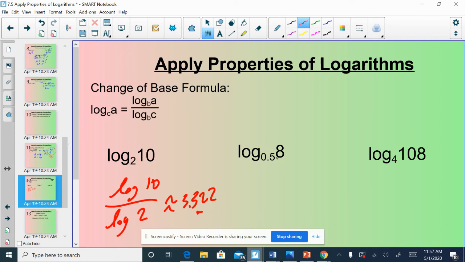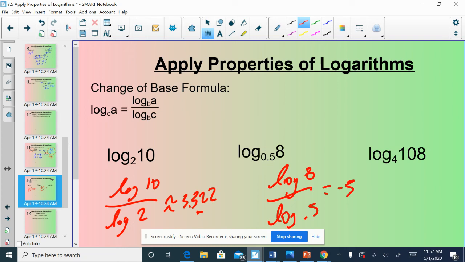Once again, log of the full size number, log of 8 divided by log of 0.5. What this is saying is 0.5 to what power is 8? Log 8, close parentheses, divided by log 0.5 is -3. 0.5 to the -3rd power is 8.